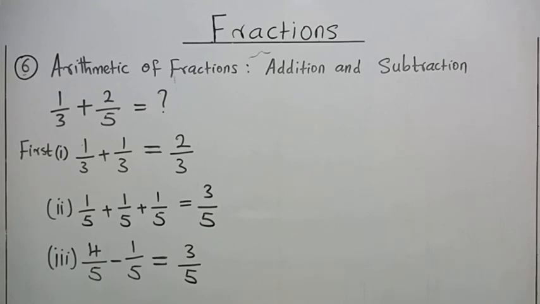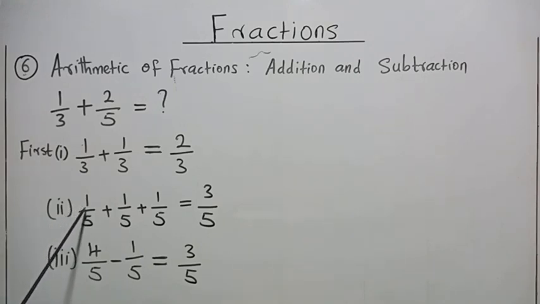One striking common thing that we find among the 3 examples is that all the 3 number operations possess the same type of denominator. In the first number operation, 3 is here and 3 is here. That means that both fractions possess the same denominator.